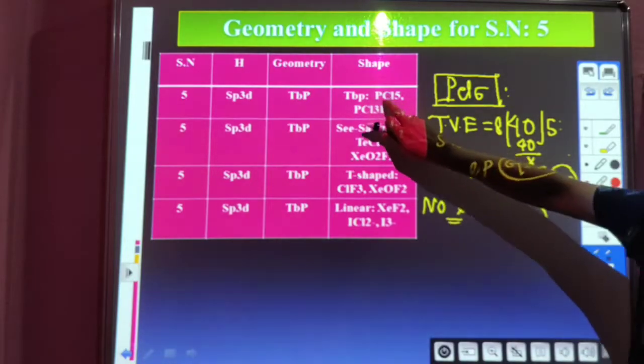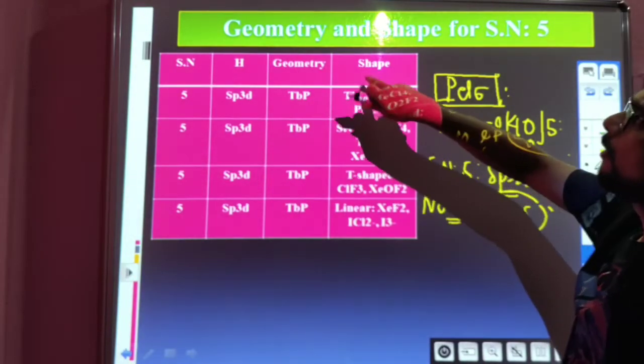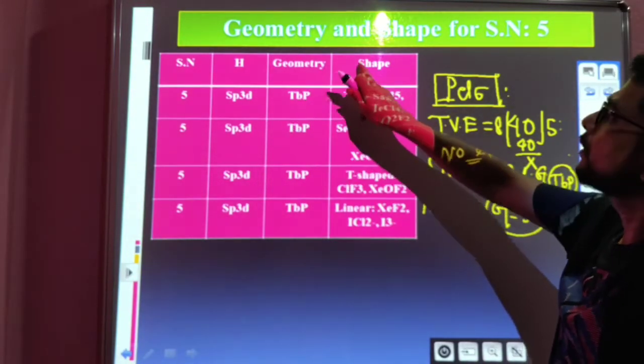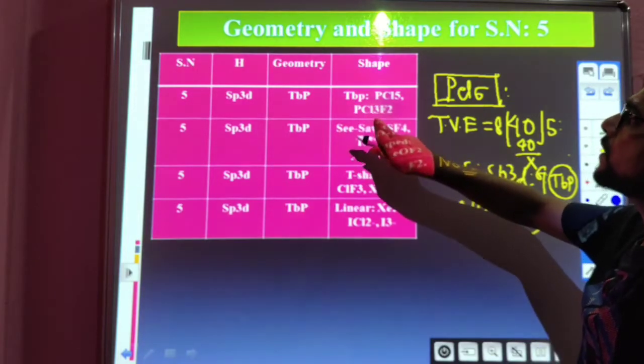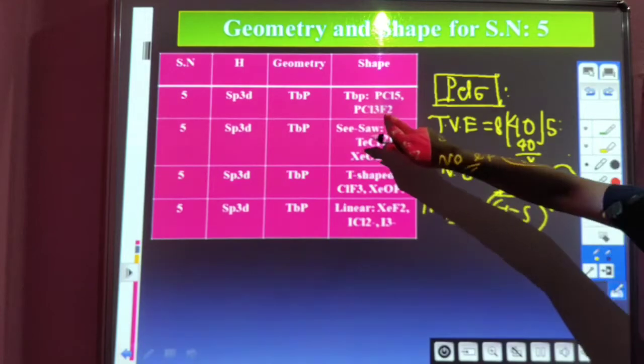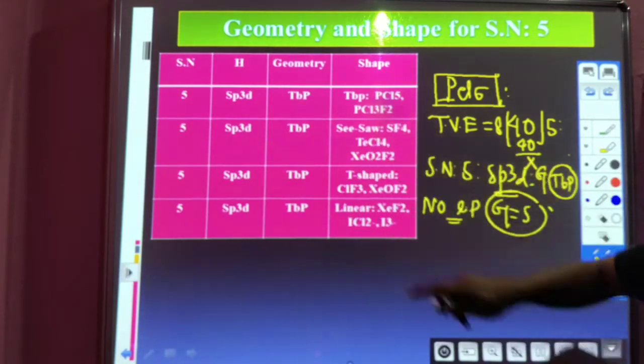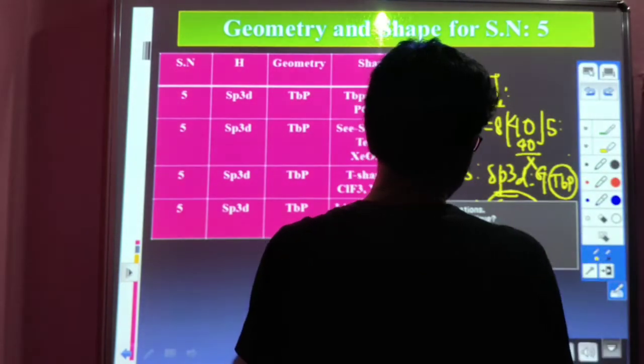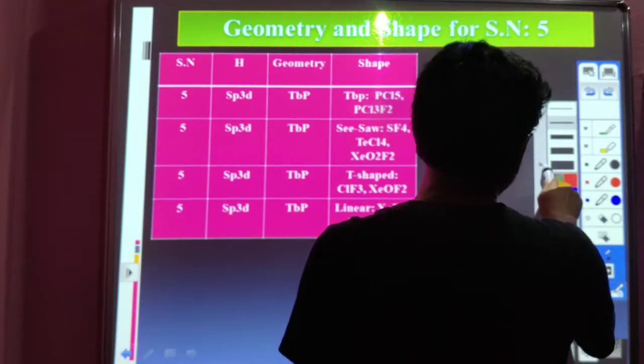So what will be the geometry for PCl5? TBP, same TBP. Likewise PCl3F2 will also be like this. Okay, PCl3F2 I will draw. How does it look?